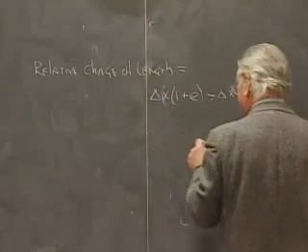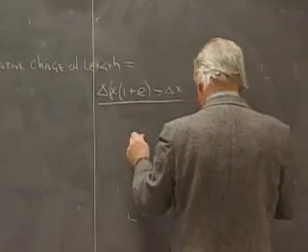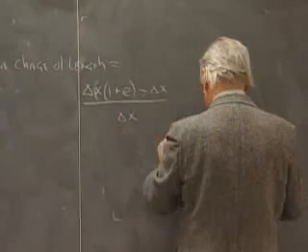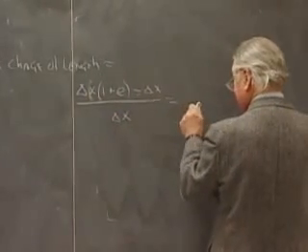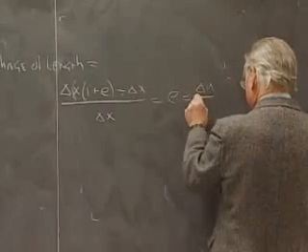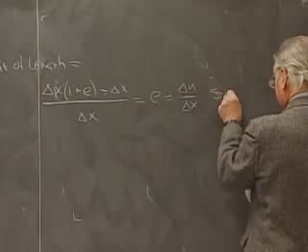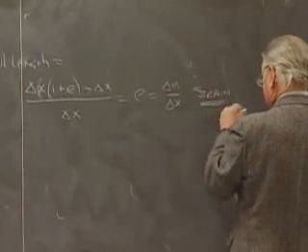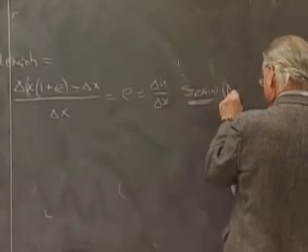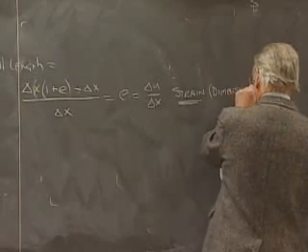That's going to be equal to delta X times 1 plus E minus delta X, divided by delta X, and that's simply going to be E, which is equal to delta U over delta X, and that is what we define as strain. And that is a dimensionless quantity because it has units of length over length.